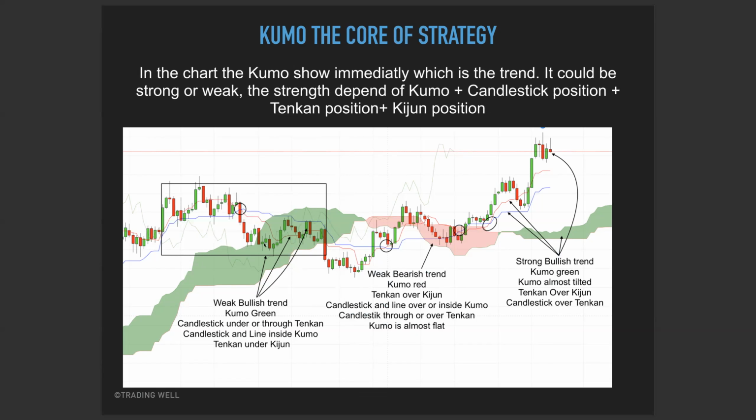The Tenkan goes under the Kijun line, and the candlestick crosses the Kijun and the Tenkan, and after remains under and goes inside the Kumo.